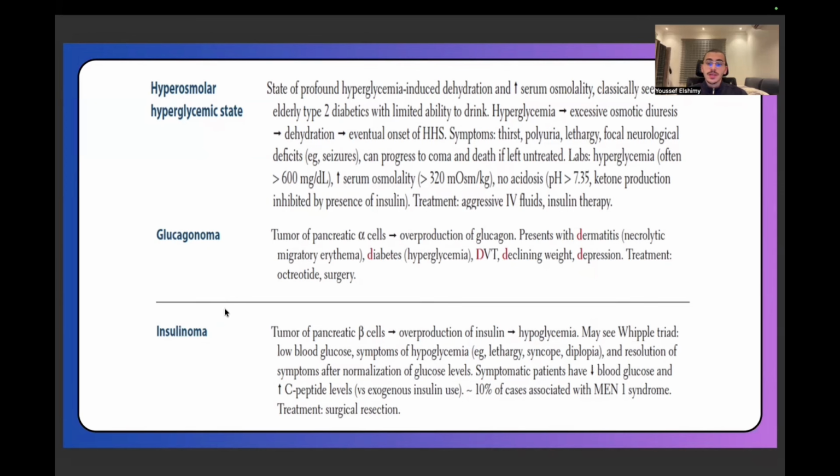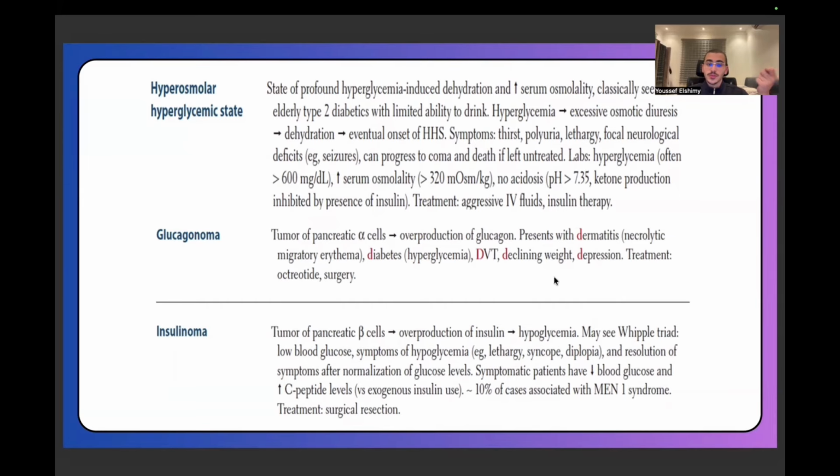Since there is overproduction of glucagon, you would find over exaggeration of the glucagon effect. So there would be very high levels of glucose, and this would cause diabetes because of hyperglycemia, as well as declining weight because of the catabolic effects of the glucagon.